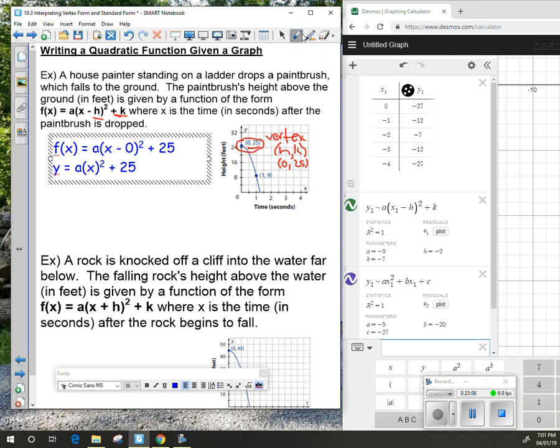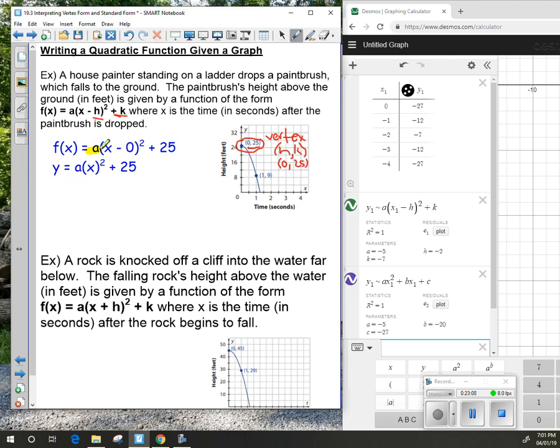But what I don't know so far is what a is. And that's where this other point in the problem is going to come from, that 1, 9. So I know after 1 second that paintbrush is 9 feet off the ground. So that tells me that 1 is an x value and that 9 is a y value.